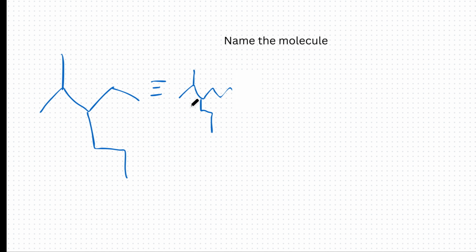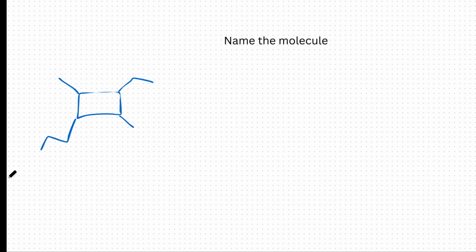So this we know is 3-propyl, 2-methyl, hexane. Pretty easy.